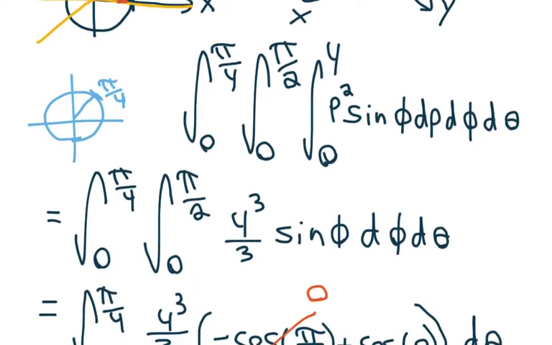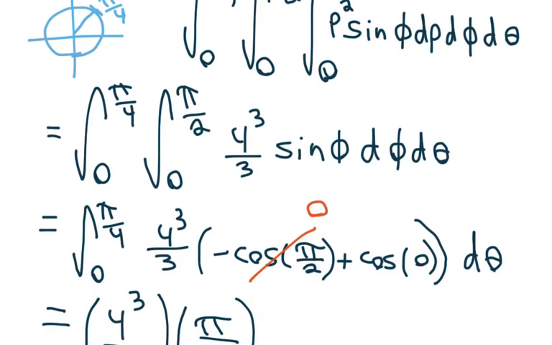Now we simply just have to calculate the triple integral. The integral of p squared with respect to dp is going to give us p cubed over 3. Plug in your 4, you get 4 cubed over 3 sine phi d theta. Then the integral of sine phi is simply going to give us minus cos phi.